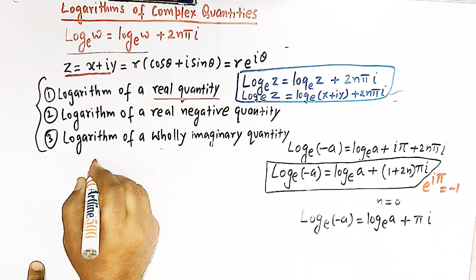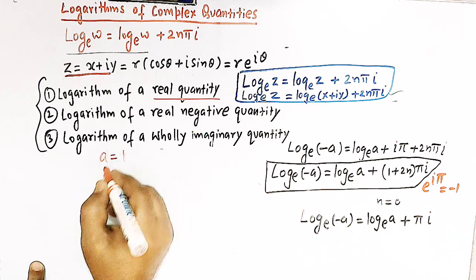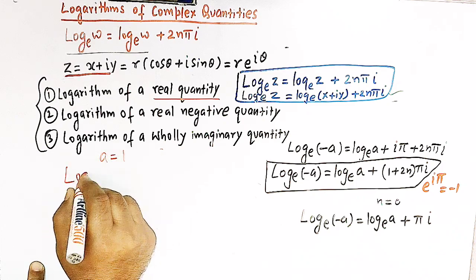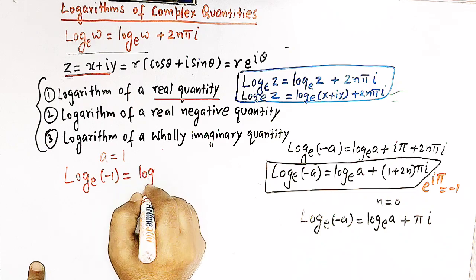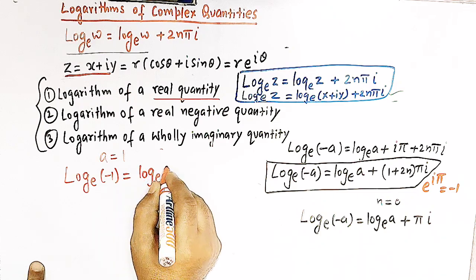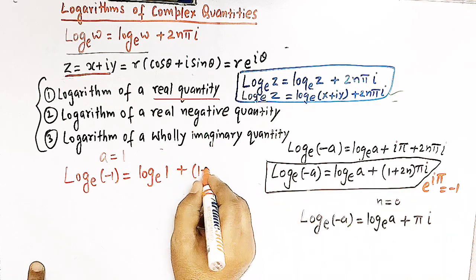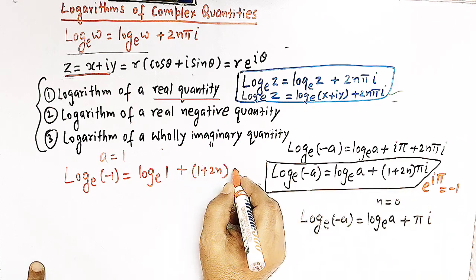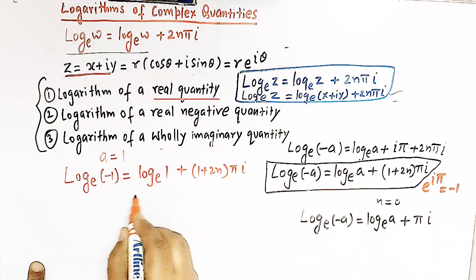Now, for example, if we take a equal to say 1, then we have log of minus 1 is equal to log of 1, plus 1 plus 2n, and here we have pi I. Now log 1 is equal to 0.